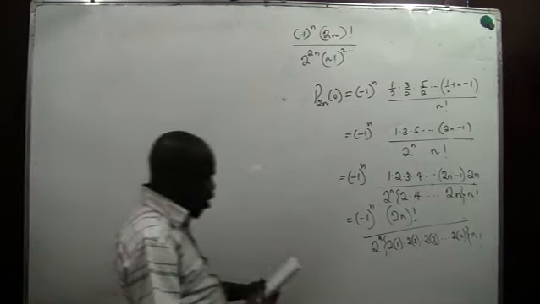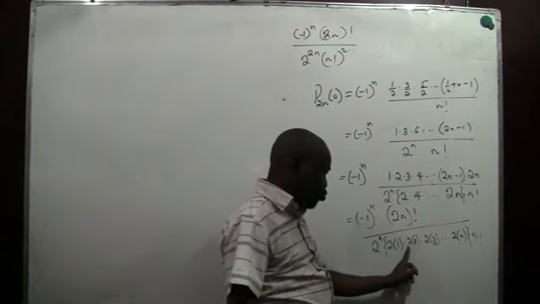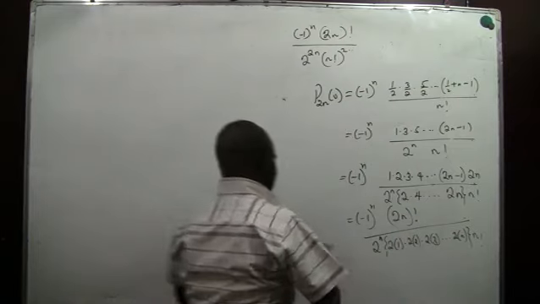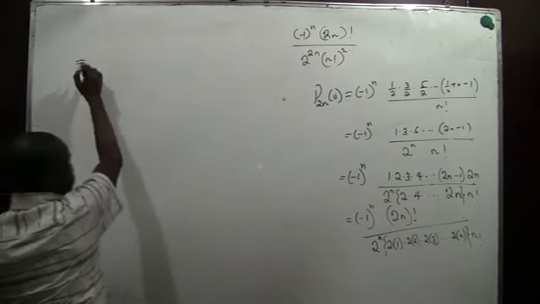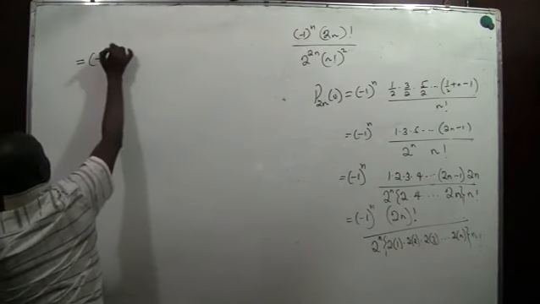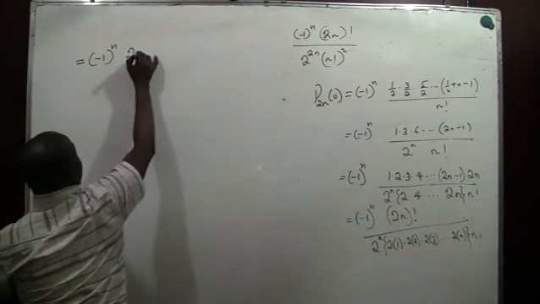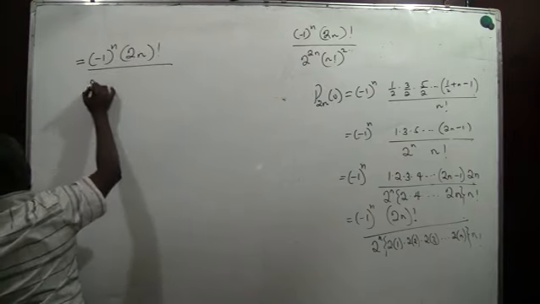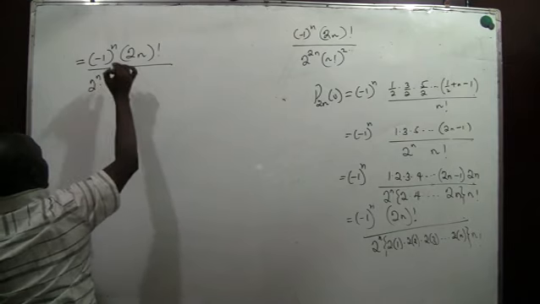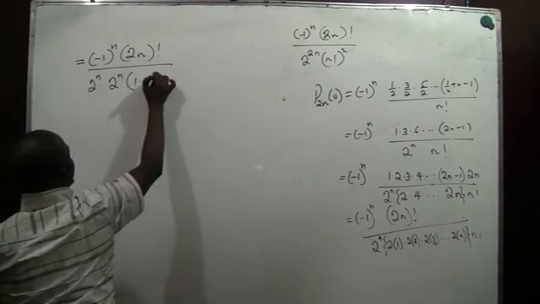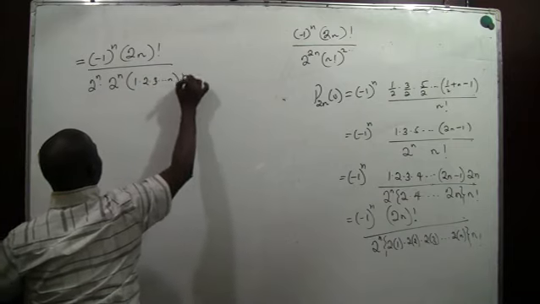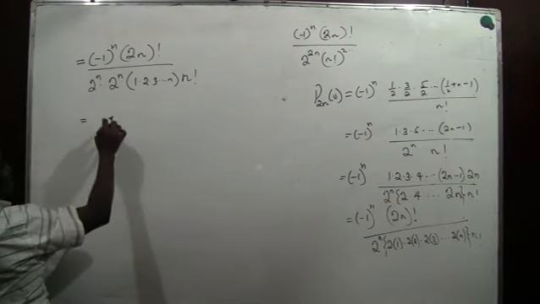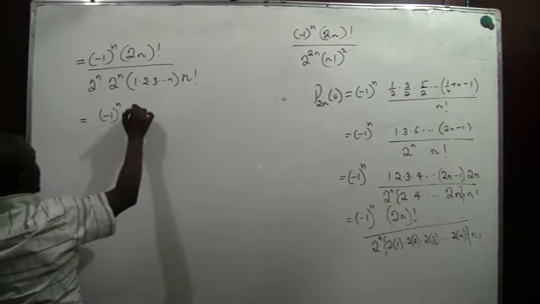Let's first consider all the outer 2. We say that we have 2 in n places here. That gives (-1)^n (2n)! divided by 2^n. Then we have another 2^n, times 1, 2, 3, up to n. What I have here defines n factorial. And finally, we are going to obtain the desired result.